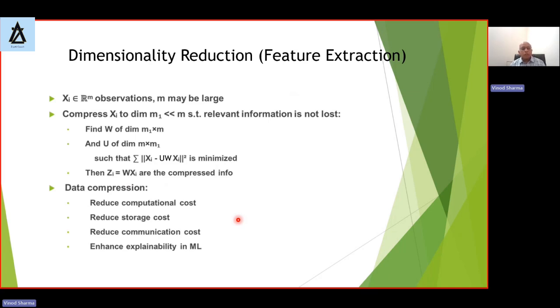If you want to communicate this data somewhere, communicating zi instead of xi makes the communication cost much less. Also, working with zi instead of xi can enhance explainability in machine learning, which is becoming increasingly popular. So there are many advantages of reduced data processing, and we study this problem further now.